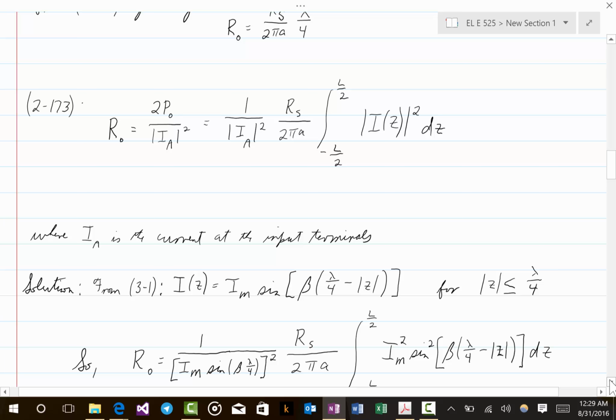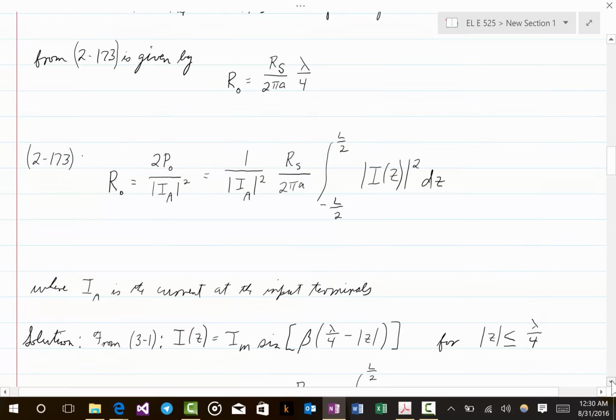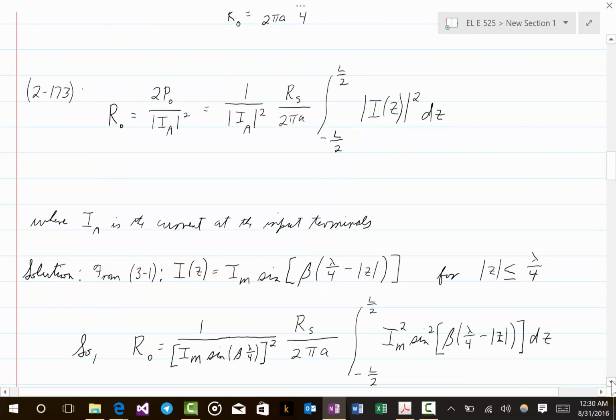So if we use the formula here, formula 3-1 gives us this current I of z on the half-wave dipole antenna, and it is equal to Im sine of beta times lambda over 4 minus absolute value of z.